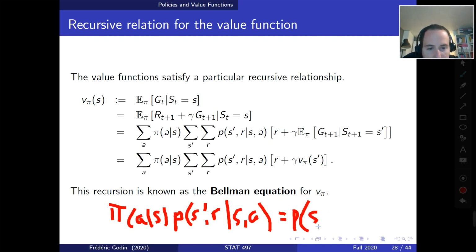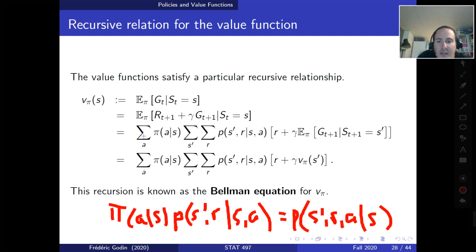It's simply the probability of the next state, the next reward, and the next action given the current state. So these are the probabilities of all possible outcomes that can happen between state S and the next step, where we end in state S prime.